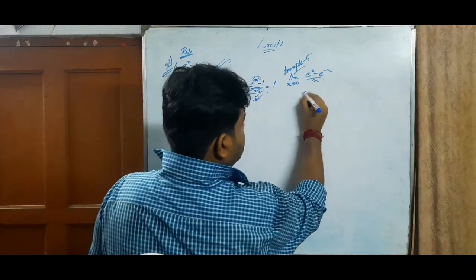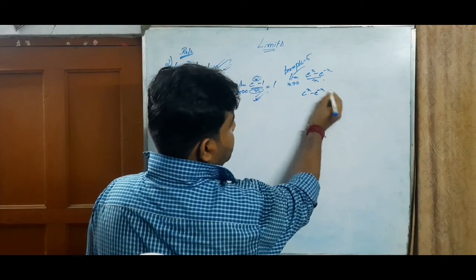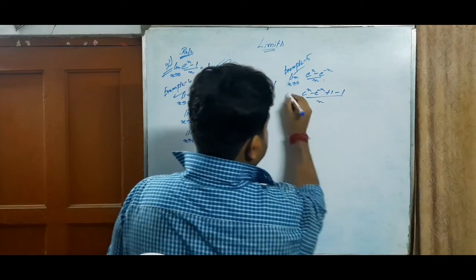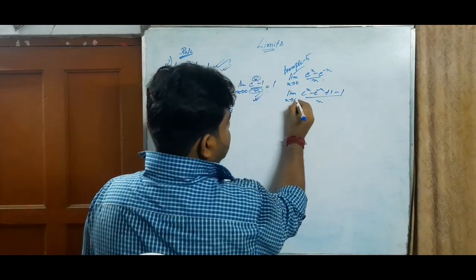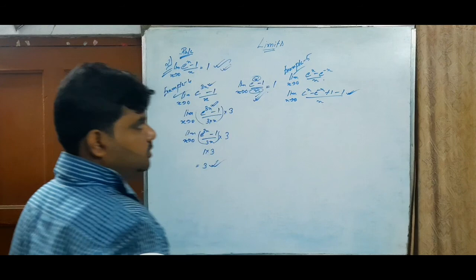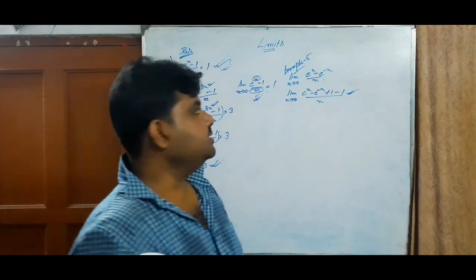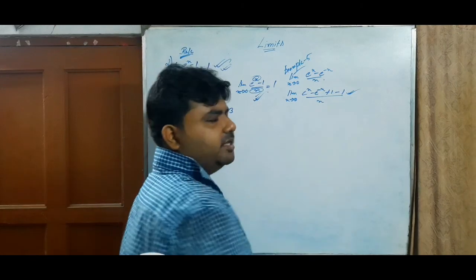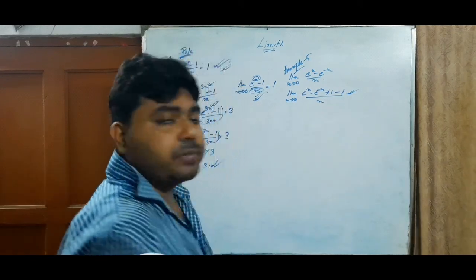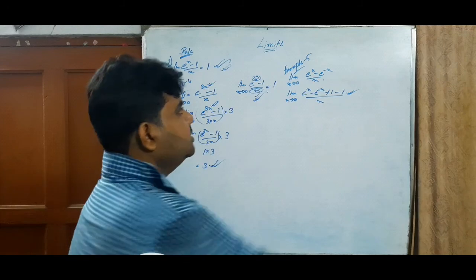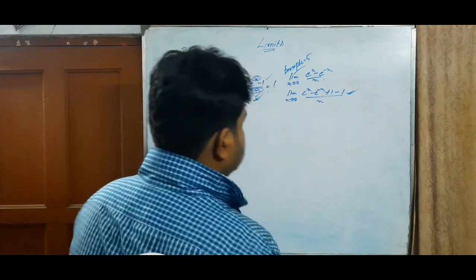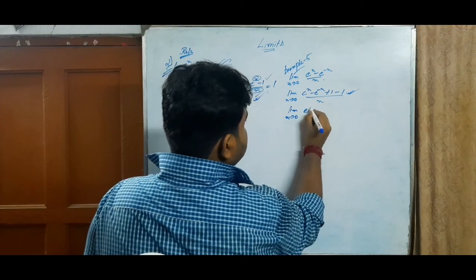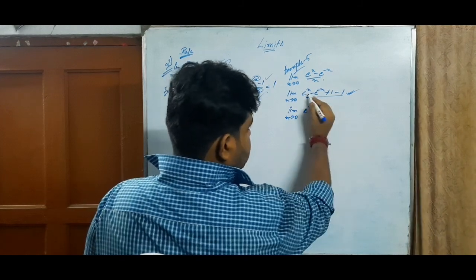Now, e to the power x minus e to the power minus x plus 1 minus 1, by x. So the value of the equation doesn't change. We are adding 1 and simultaneously subtracting 1 from it. Therefore the value is not changing, but we are taking plus 1 and minus 1. Why? To get this form.